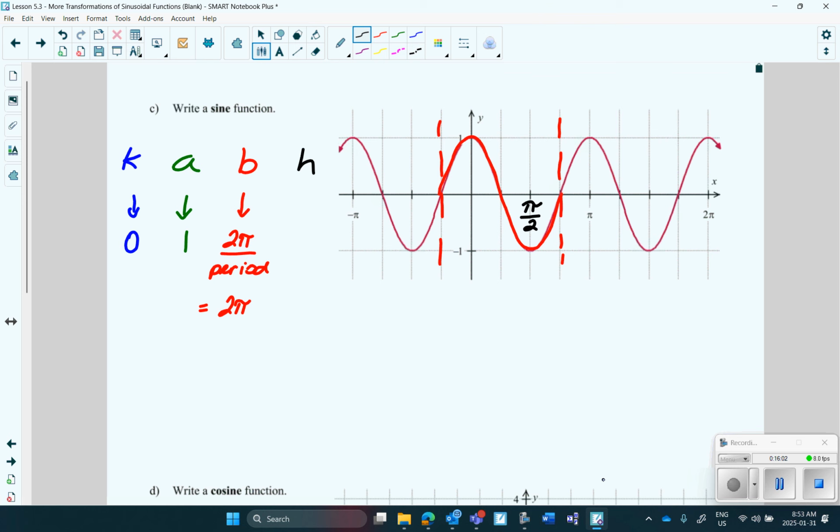And then halfway of that is pi over 2 times 1 over 2, because you times by half, which is pi over 4. Which means you can count the notches. 1 pi over 4, 2 pi over 4, 3 pi over 4, 4 pi over 4, which is pi. So there's 2 ways you could find the period. So the period is actually going to be a number this time besides 1.